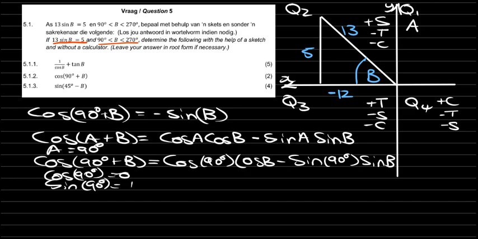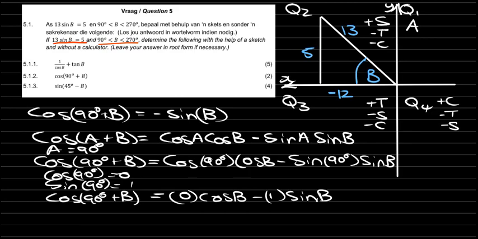So we can say that cos of 90 plus B is 0 times cos B minus 1 times sine B, and therefore this is just equal to minus sine B, and this is simply equal to minus 5 over 13, as it's given over here in this ratio.